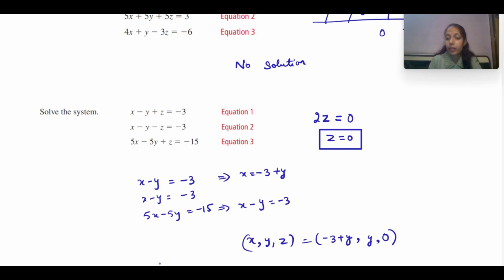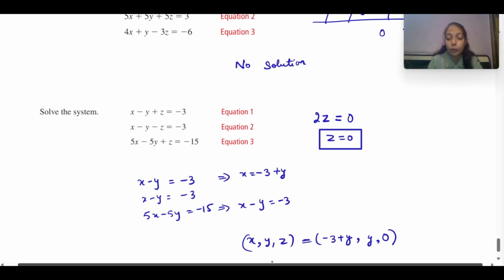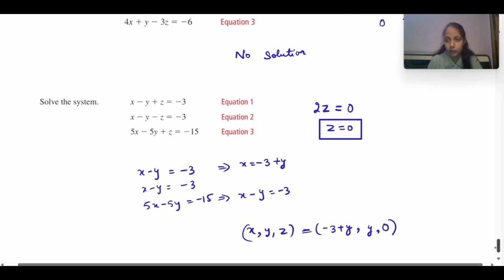In this question, z is 0, y is what we have chosen, and x depends upon what y we are choosing. So how many choices do we have for y? y can be any real number, so we have infinitely many choices. So in this case, the system of equations has infinitely many solutions. So I'm writing infinitely many solutions.